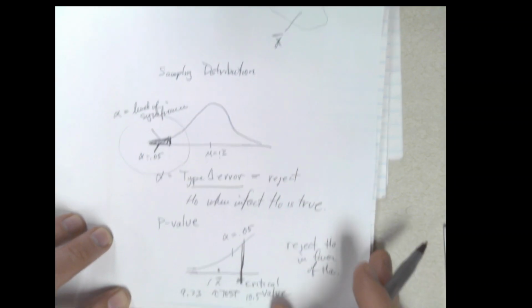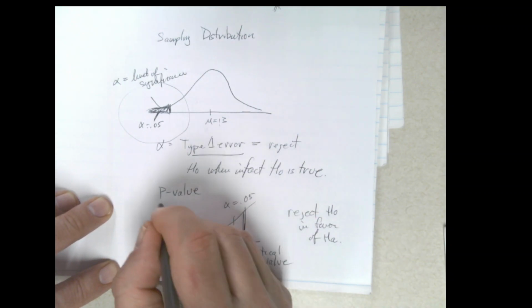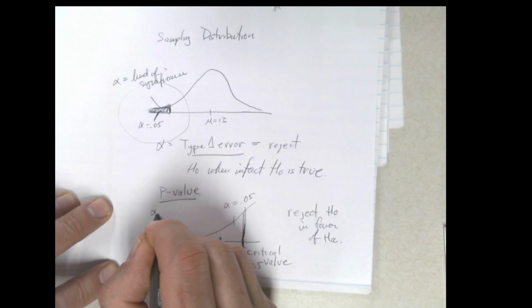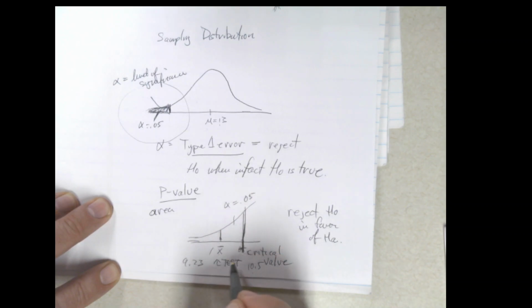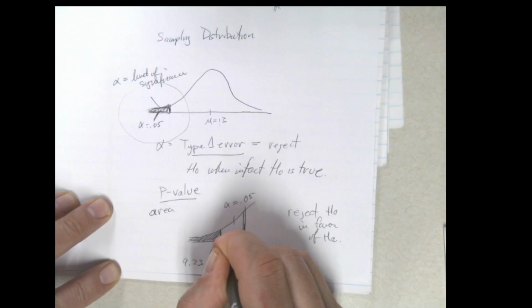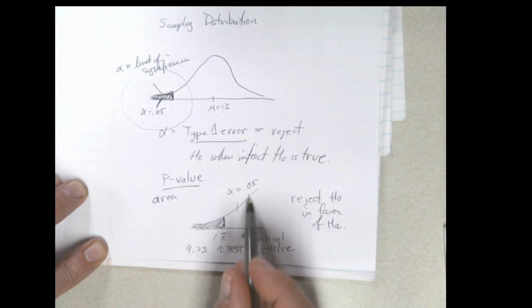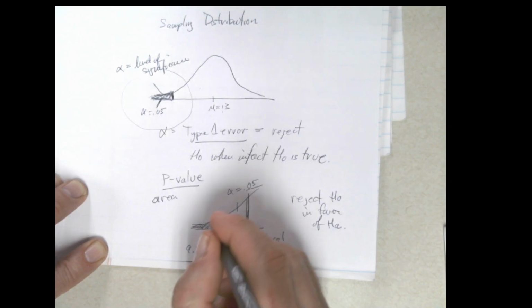Now, there are really two more points I want to get to. There's something called the p-value, and what is that? The p-value is the area that's created by the test statistic itself. Another way you can do the test is look at the area created by the test statistic, the p-value. If that area is less than 0.05, then your test statistic is in this region. Let's make something up here.